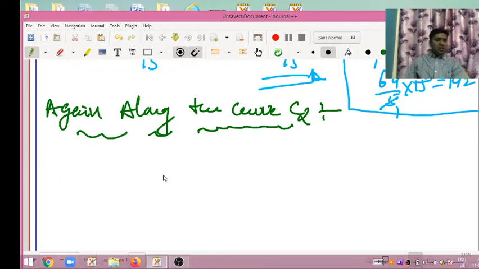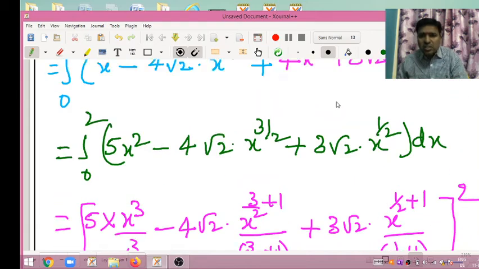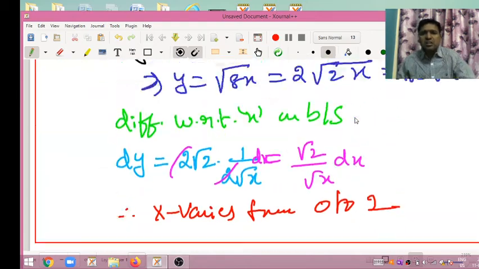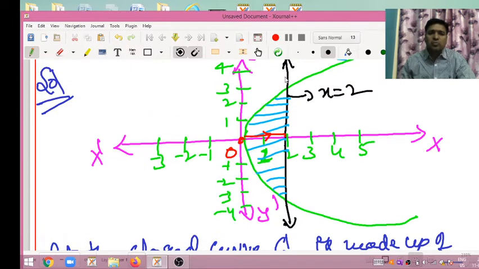See, here we have the figure along C2. C2 means x is equal to 2, and by differentiating, dx is equal to 0. So along C2, see here my dear friends, by the graph, which one varies? Y is varying from -4 to +4.